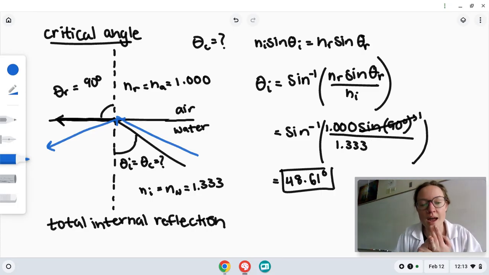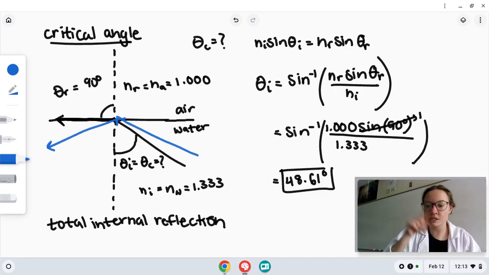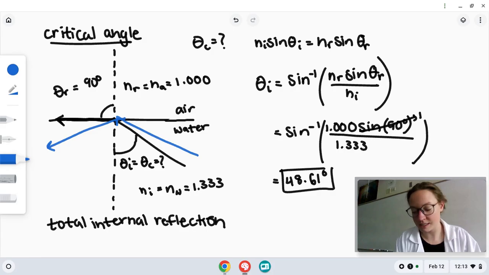We also talked about how you can use Snell's law to calculate what the exact angles are. We talked about what the critical angle is: it's the angle at which, if you launch light that way, it's never actually going to make it out of the medium, which leads us to the concept of total internal reflection, when the light never makes it out of the medium and just bounces back and forth within the medium itself, never escaping. And that, ladies and gentlemen, is a little bit on Snell's law and reflection.